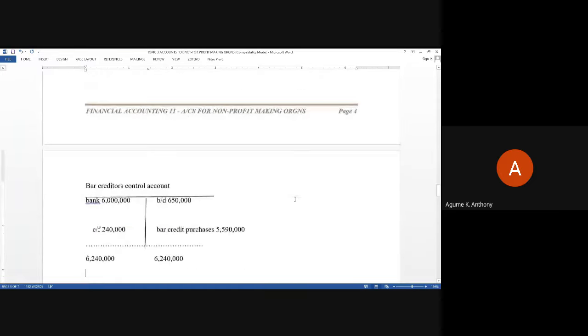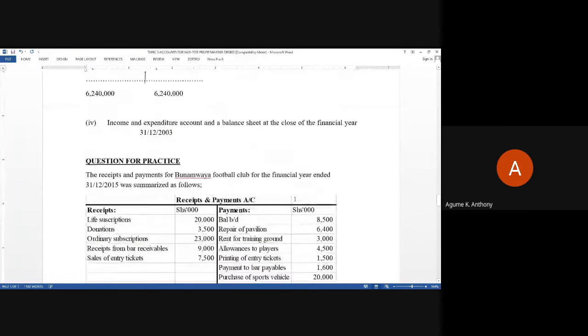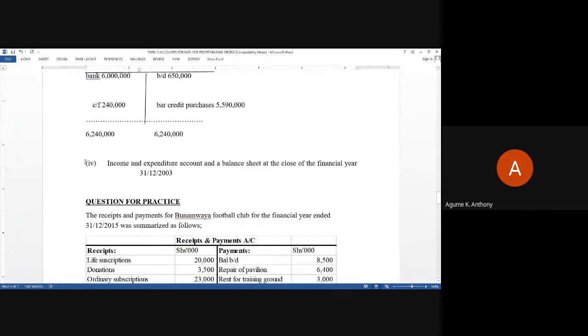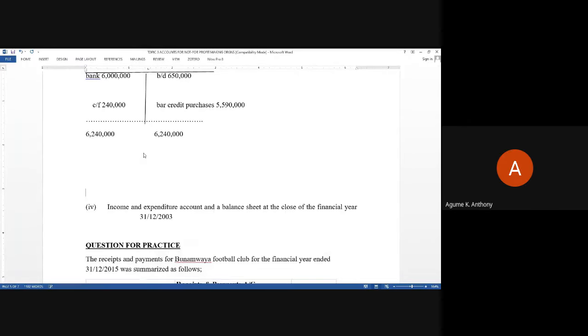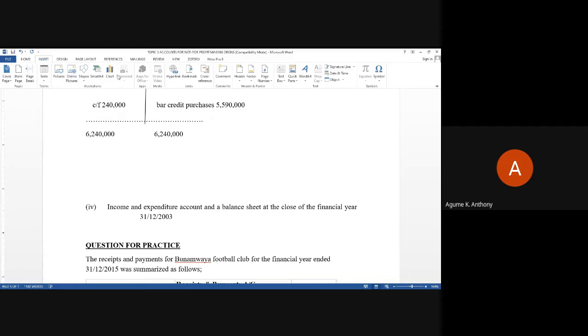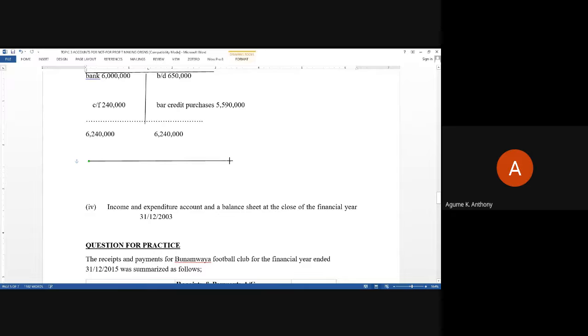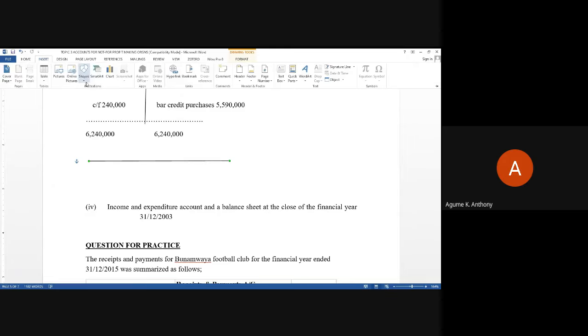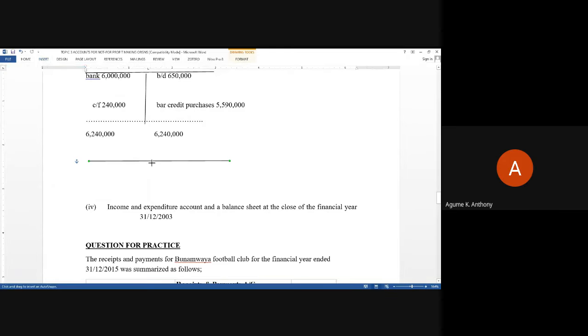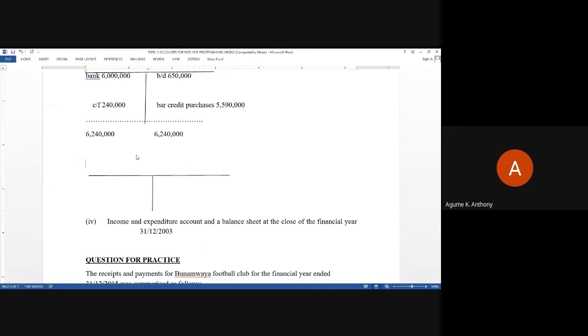So I'll just come here. I have bar wages, so I can draw my T account. This is the bar wages account.